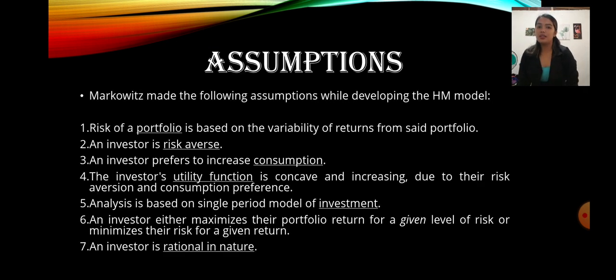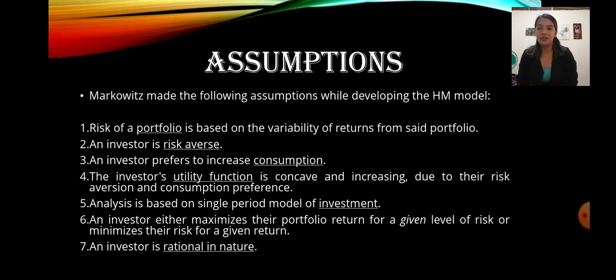This model has assumptions. Markowitz made the following assumptions while developing the model. There are 7 assumptions. The first one is that the risk of a portfolio is based on the variability of returns from said portfolio. An investor is risk averse. An investor prefers to increase consumption.